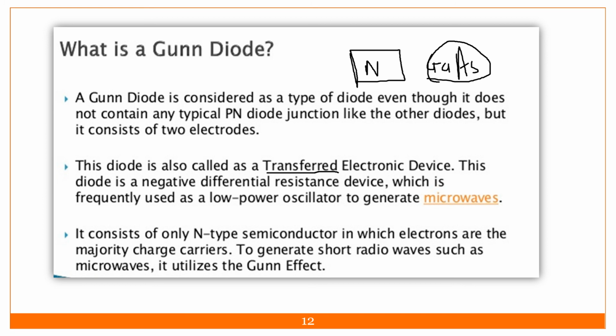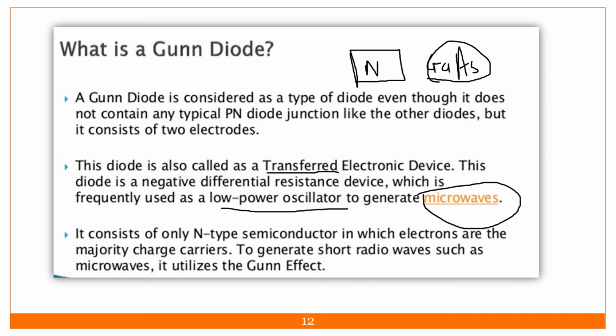It's not like a normal PN junction diode. Here we are using GaAs in the N-type material, and we are adding more impurities in this one. What will happen if you apply more and more voltage? At a certain voltage, electrons will flow, and after that the electrons start to resist the flow, due to which a phenomenon called negative differential resistance happens, the circuit will oscillate, and it generates microwave frequencies.